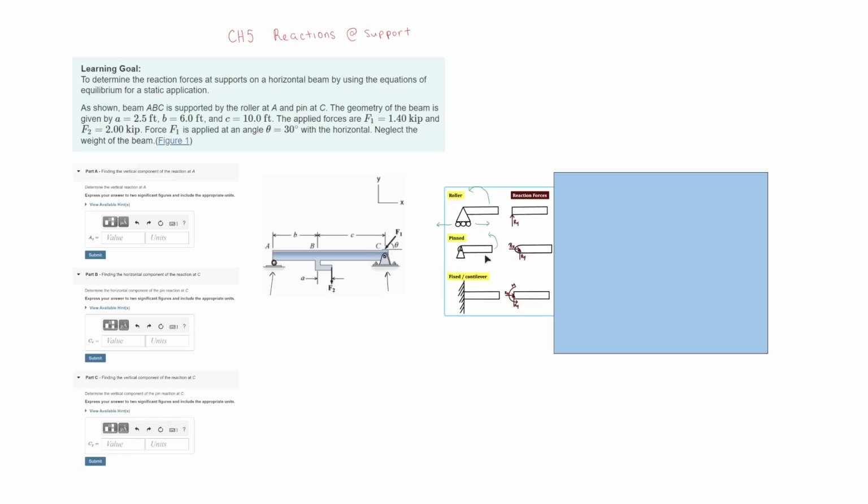For the pin, it cannot go up and down, and it cannot go left or right, but it can rotate. So, since it can rotate, we're not going to have the rotation, we're going to have the Rx and Ry because it cannot do either. For here, you cannot do any of them. So there's going to be an Rx, there's going to be an Ry, and there's going to be a moment.